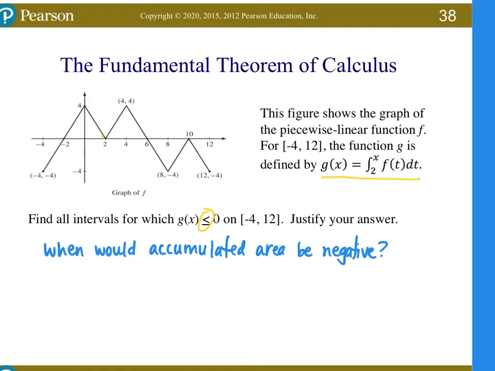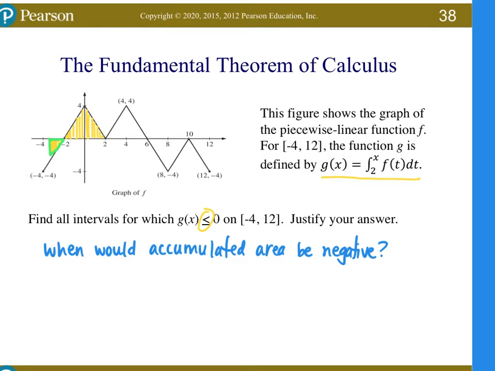Well, it's going to be negative as long as I go backwards. There's negative area, there's more negative area. So far, I've accumulated a whole bunch of negative area. Now, if I keep going beyond that, this little section is negative.